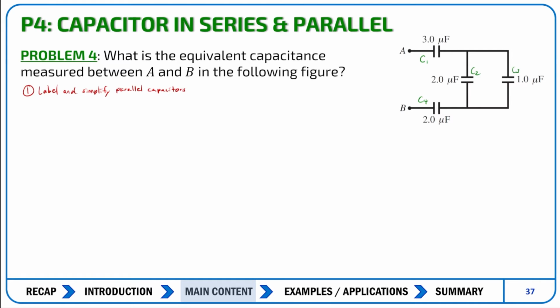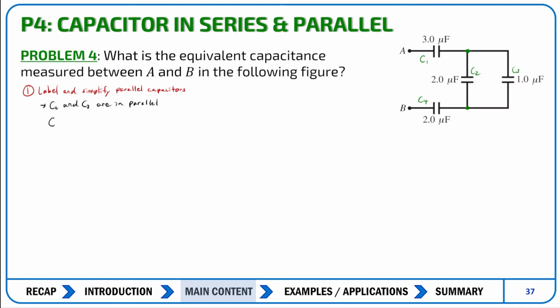We take a look at which capacitors are in parallel. We know that C2 and C3 are for sure in parallel because they share the same wire on the top and bottom. So we end up with C2 and C3 in parallel. And we know that the equivalent capacitance of parallel capacitors is just going to be the summation of the two of them.